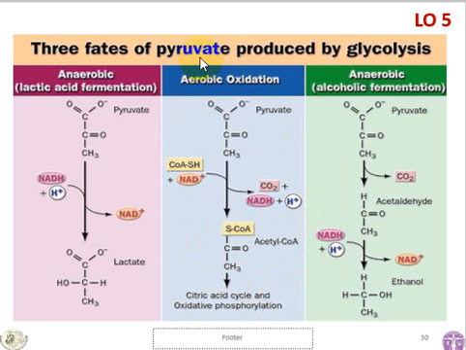Or pyruvate could enter anaerobic conditions, forming lactate by lactic acid fermentation, and by anaerobic I mean there is a low level of oxygen. Or it could be by alcoholic fermentation, where pyruvate forms ethanol. This also occurs in anaerobic conditions.